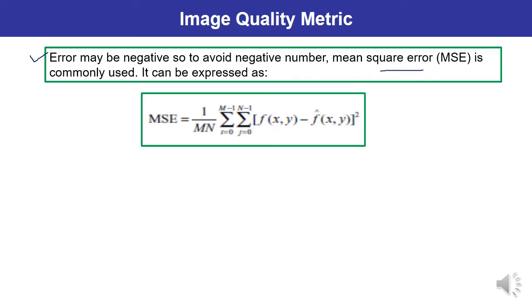The mean square error can be written as 1 upon MN, where M and N are the number of rows and columns in the image, with x varying from 0 to M minus 1 and y varying from 0 to N minus 1, of (f(x,y) minus f cap(x,y)) whole squared. From this square term, you can see that whether you subtract from f(x,y) or from f cap(x,y), since it's a square term we will always get something positive.